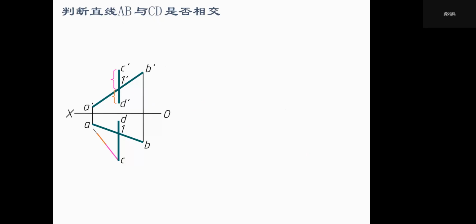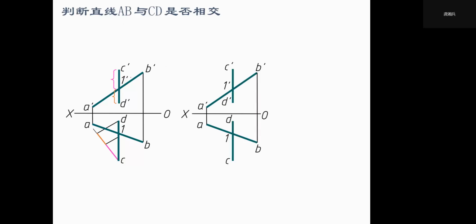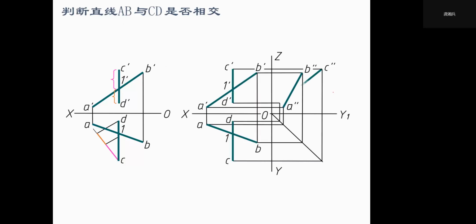We will find that this one is point one. Since CD does not have the same ratio, point one is not a point on CD. So these two lines are not intersecting lines. You also complete the third one.